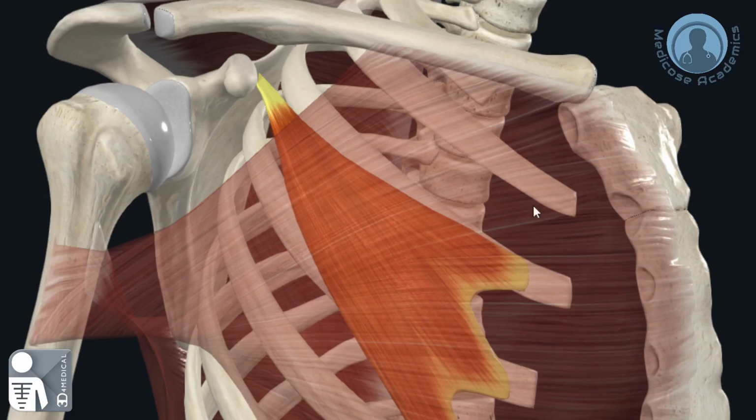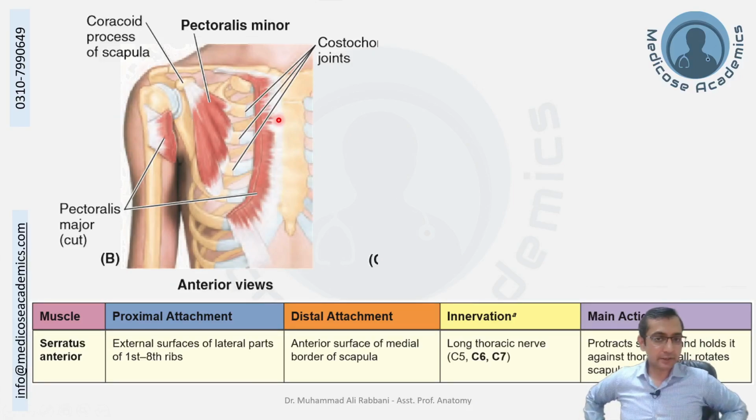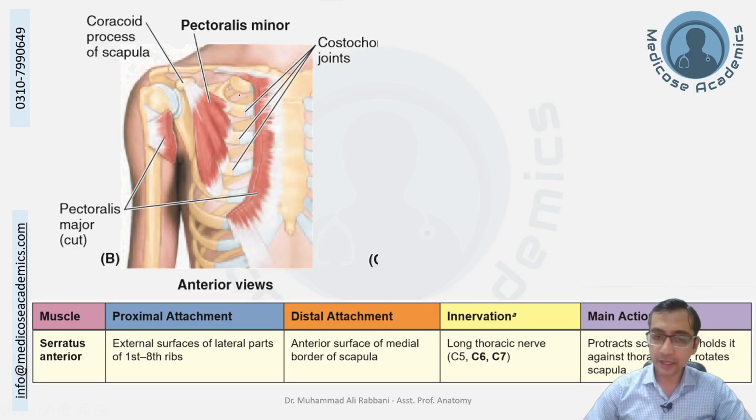One more function that I am not very well able to show in the model here is when the scapula is fixed. For example, when I put my hand on my hips or some support, now the scapula will not go down easily. And when pec minor is contracted, rather than pulling the scapula down, now the scapula is fixed. It will help in pulling the ribs up.